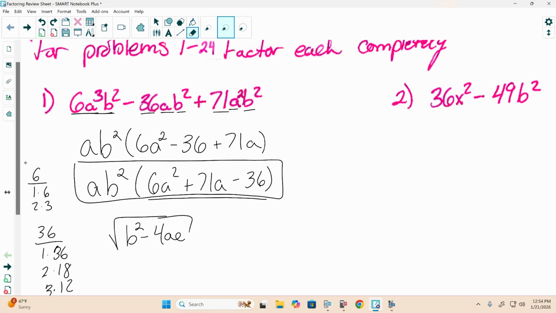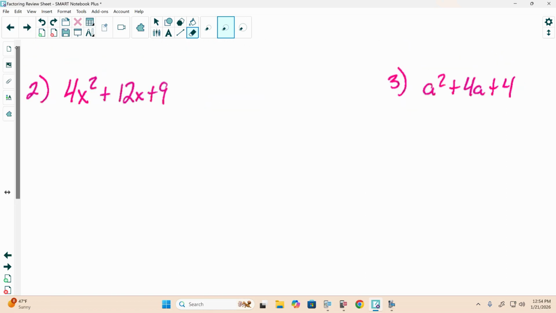Questions on 1? Questions on number 2? Do you feel good about 1 and 2? Okay. Still good with 1 and 2? Maxie? Okay, just making sure.